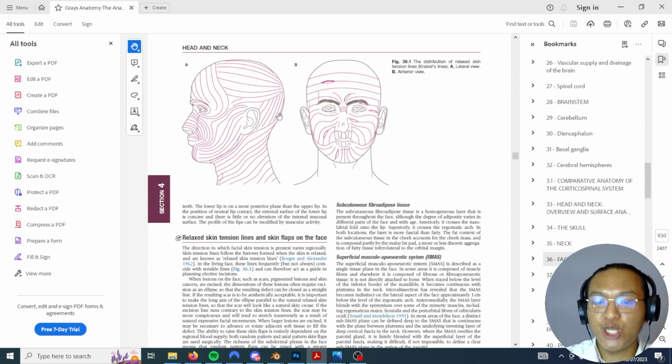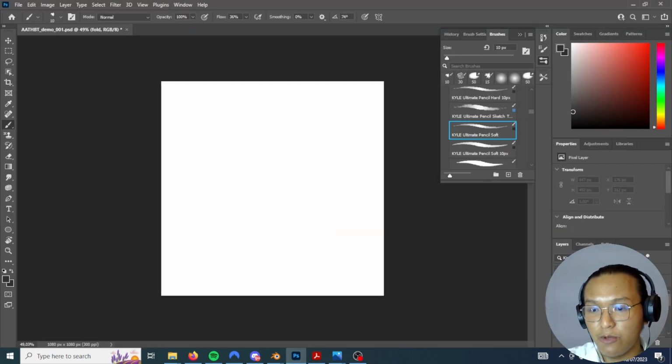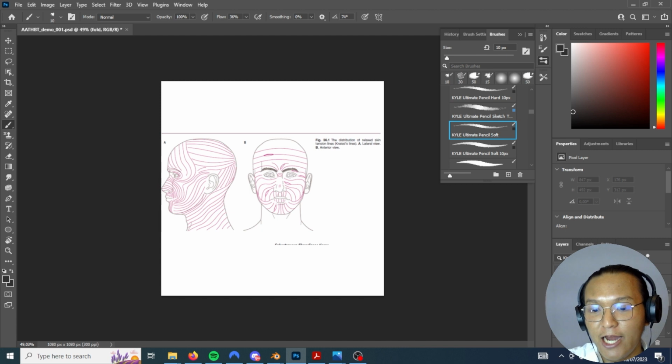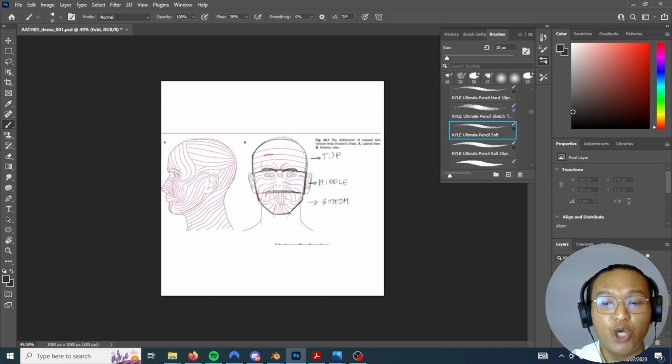And as for the face, I divide it into three zones: the top zone, which consists of the forehead and the brow, the middle zone, which consists of the eyelids and the cheeks, and the bottom zone, which is the jaw and the chin.